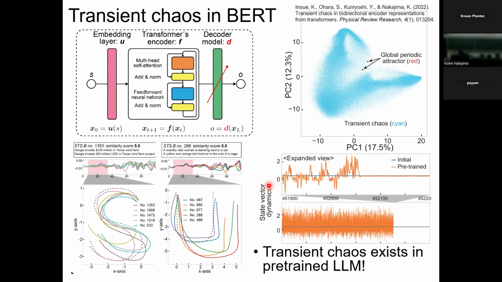Recently, large language models are very popular. And around 2020, we were also focusing on this system, BERT. Right now it's GPT-4, but at that time, maybe it was GPT-2 or something. It's a very early age, and the system size was not as big as currently, but we were focusing on the activity of BERT or GPT-2.